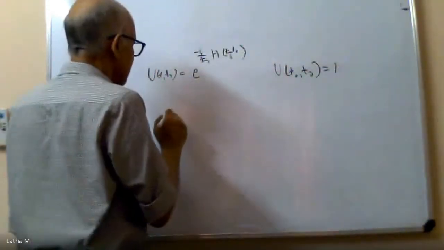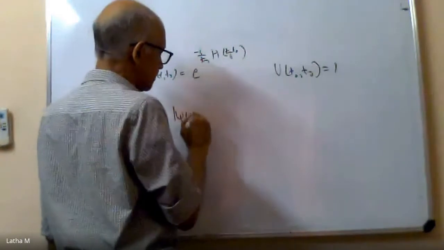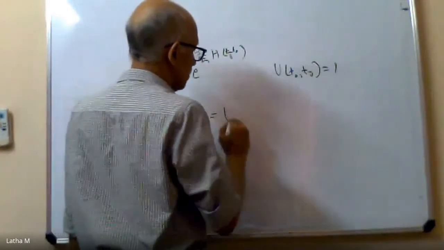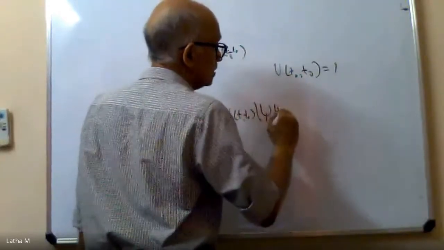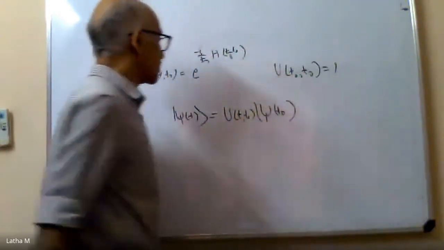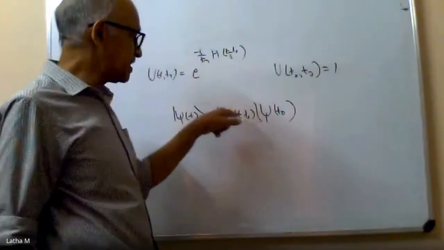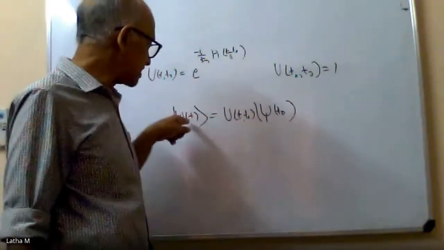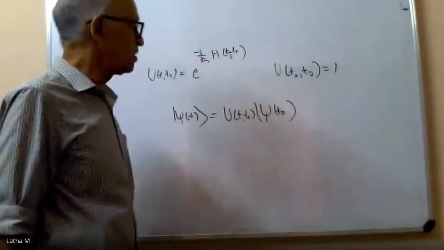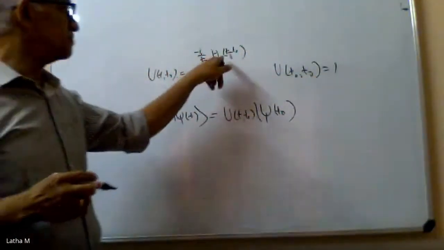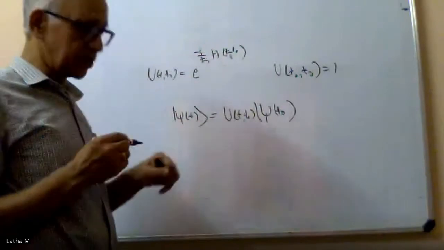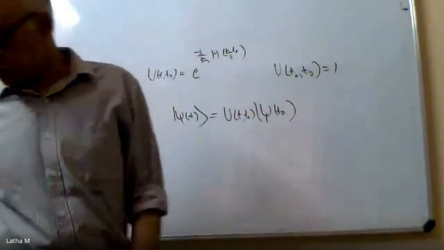Because in the equation psi(t) = U psi(t0), when t and t0 are equal there is no change, so psi(t) should be equal to psi(t0). That is why I write U(t0, t0) equal to 1, and for that I put t minus t0 here, where t is the time.